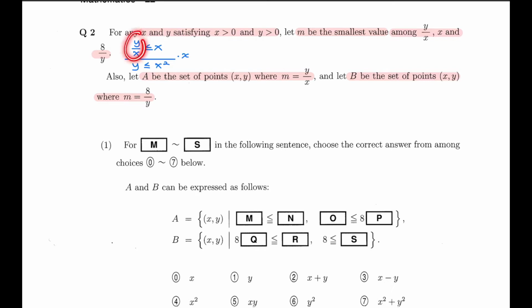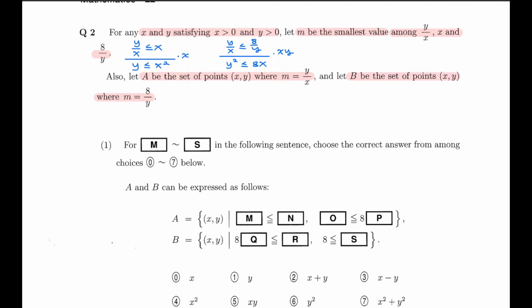And also y over x, which is m, must be less than or equal to 8 over y. I will multiply this inequality by xy, and I will obtain y squared, since y over x times xy is y squared, less than or equal to 8x.